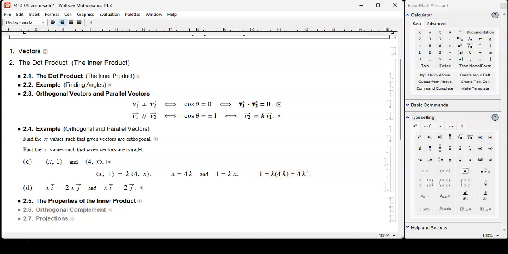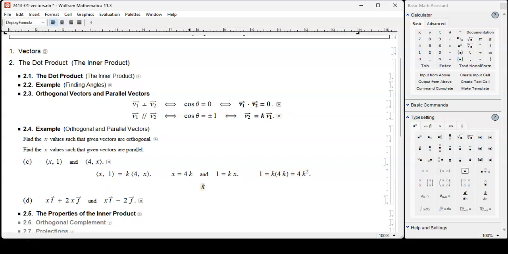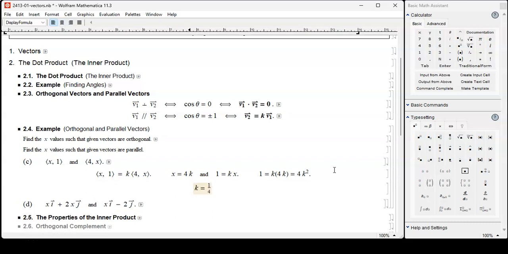So I'm getting k squared is 1 over 4. So k is 1/2, or -1/2. Did I do this right?